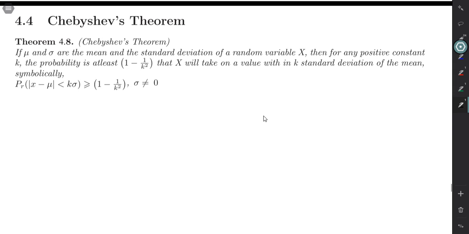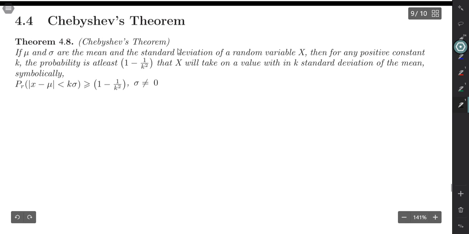The first one, theorem 4.8, is called Chebyshev's theorem. If mu and sigma are the mean and the standard deviation of a random variable X, then for any positive constant k, the probability is at least 1 minus 1 over k squared that X will take on a value within k standard deviations of the mean.